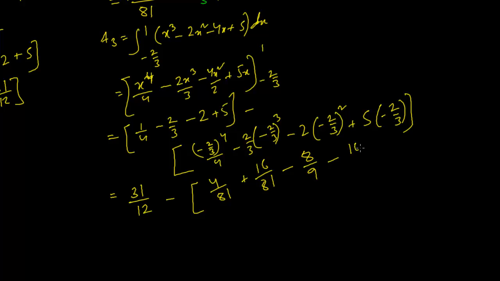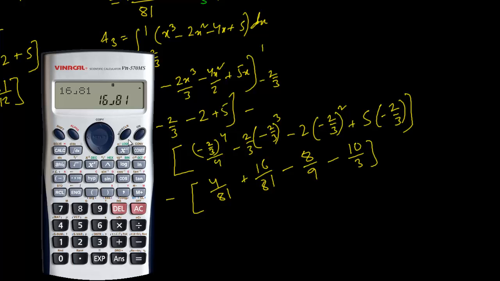And this would become minus 5 into 2 by 3, which is minus 10 by 3. So let's do this calculation. So the calculation turns out to be 4 by 81 plus 16 by 81 minus 8 by 9 minus 10 by 3.